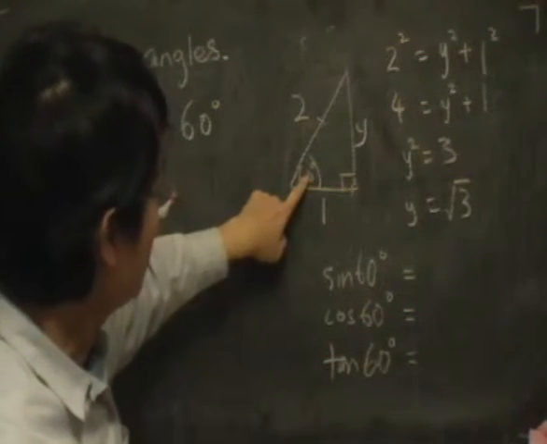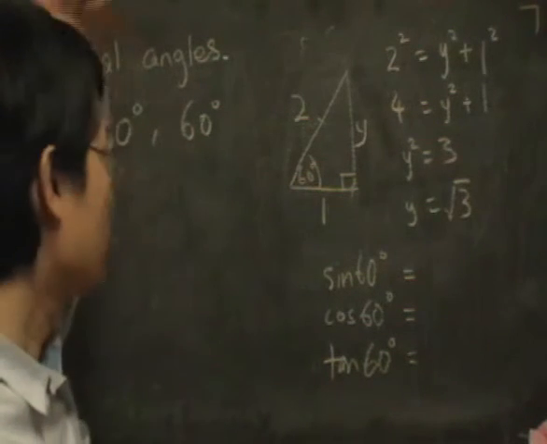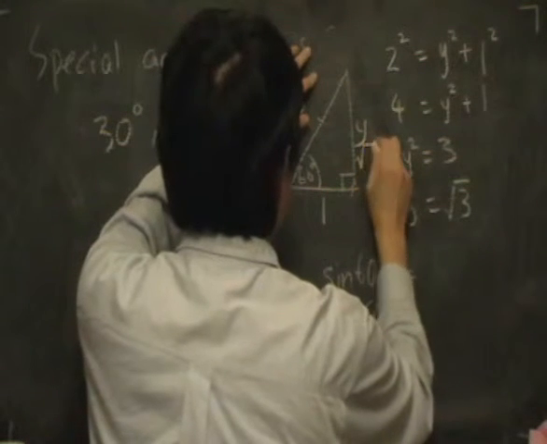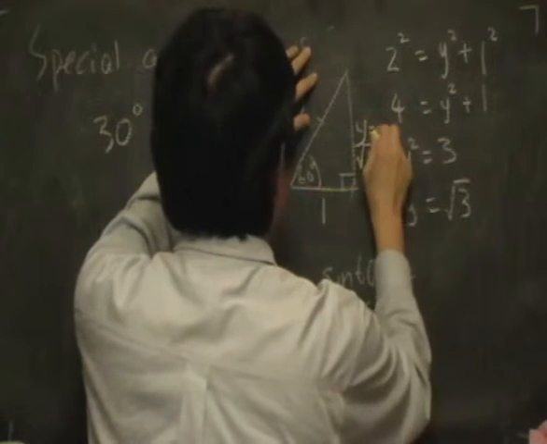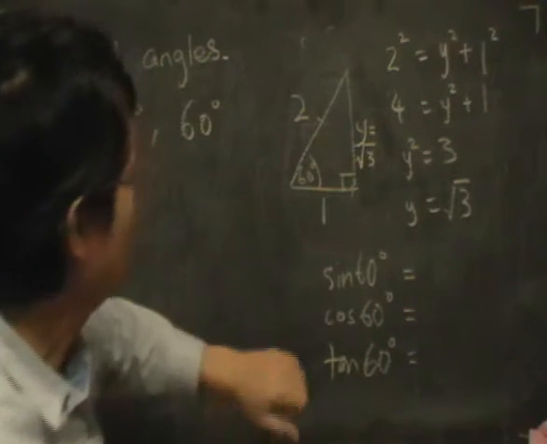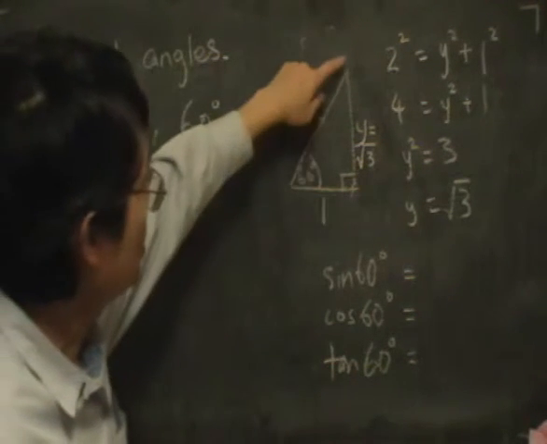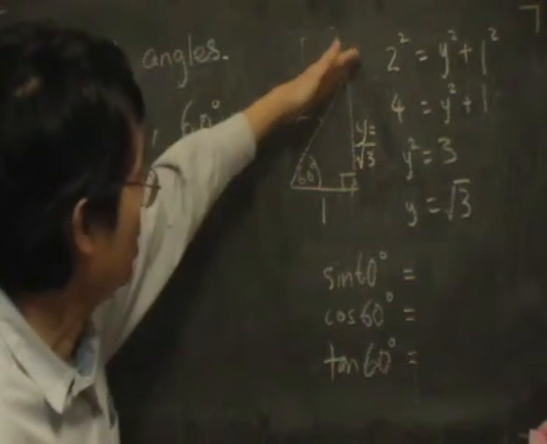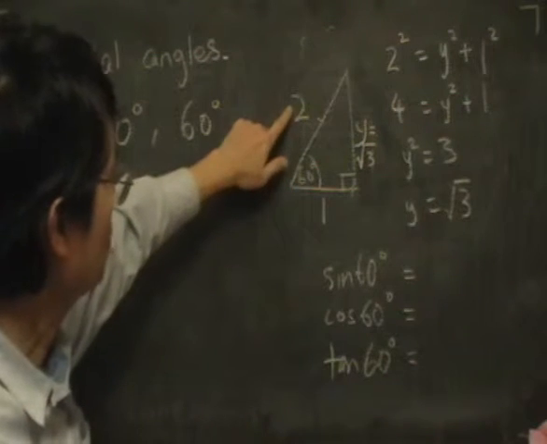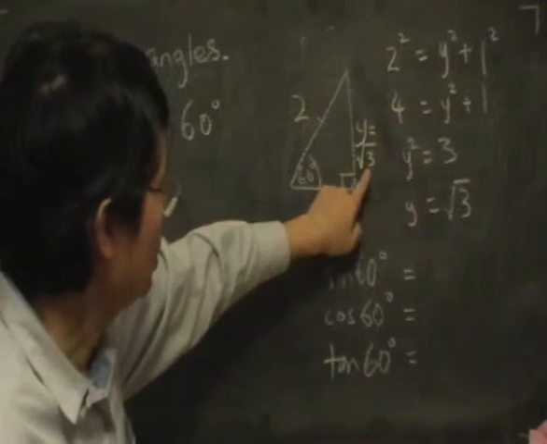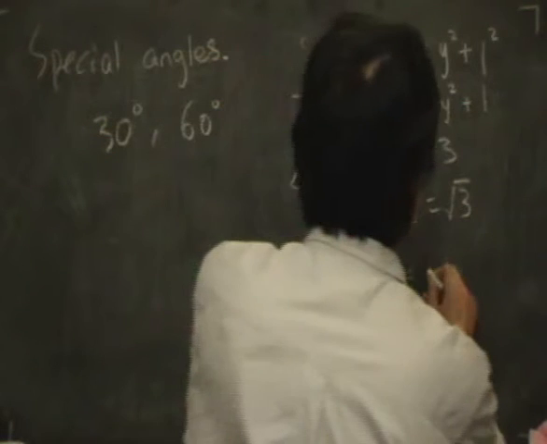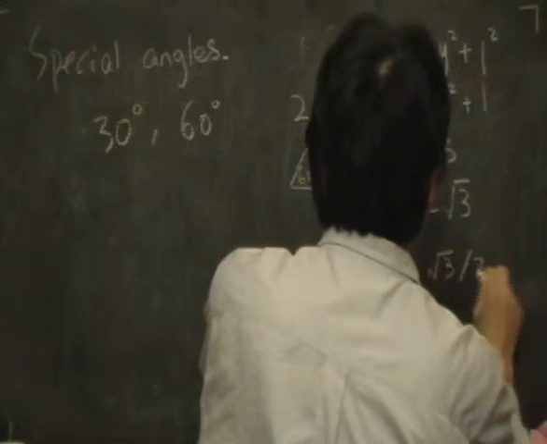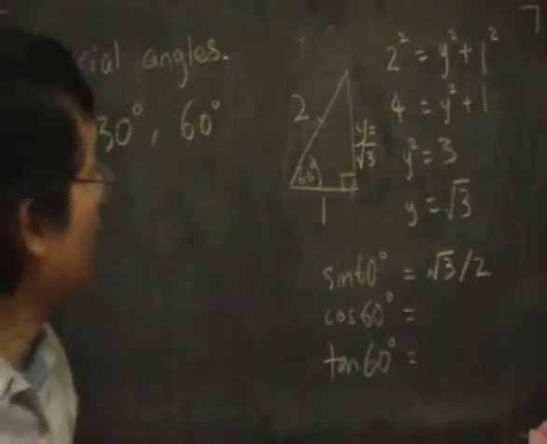The sine 60 degrees is, let me write down the y here. So y is the root 3. Y is equal to root 3. So sine 60 degrees is the opposite, the root 3, divided by the hypotenuse of 2. Root 3 divided by 2. That's sine 60 degrees.